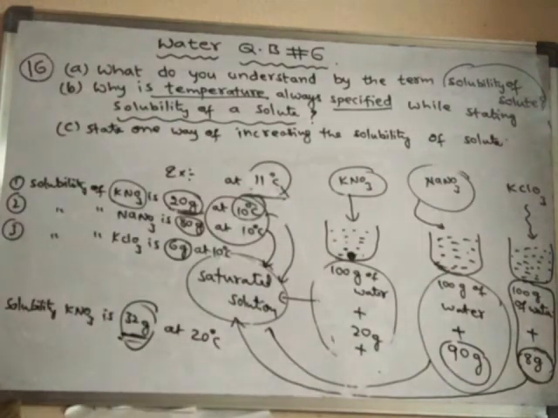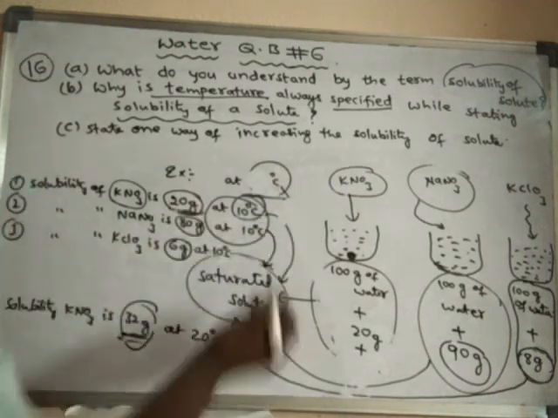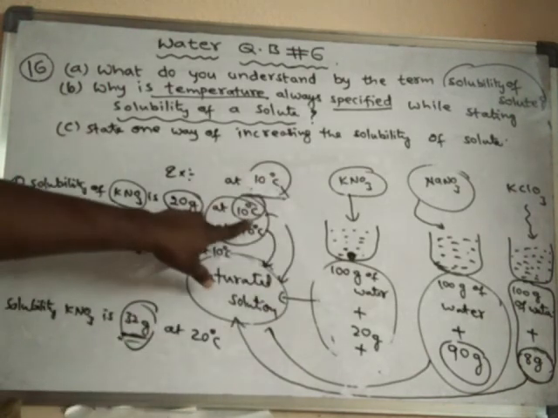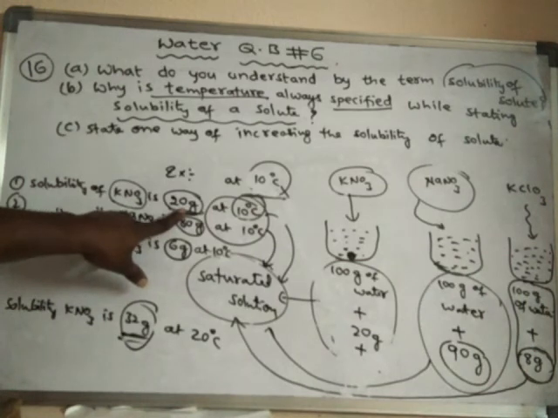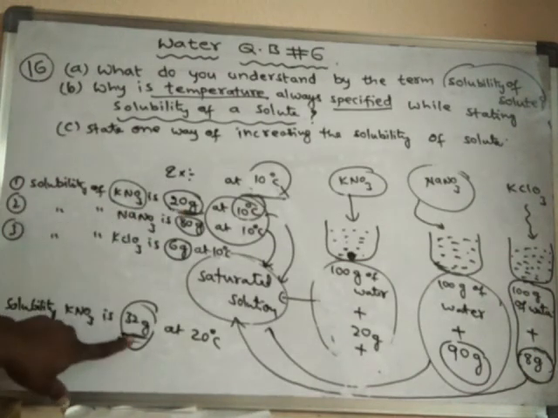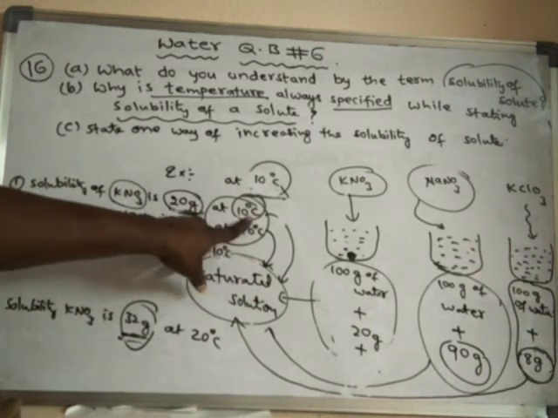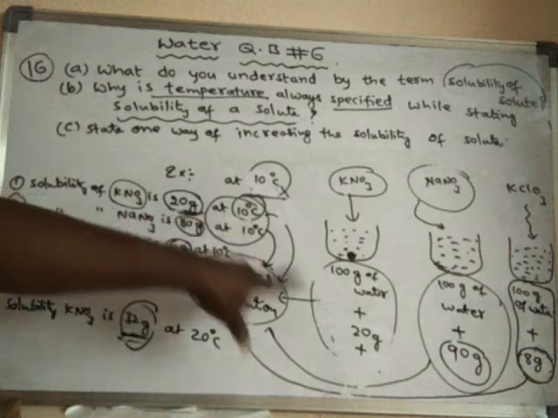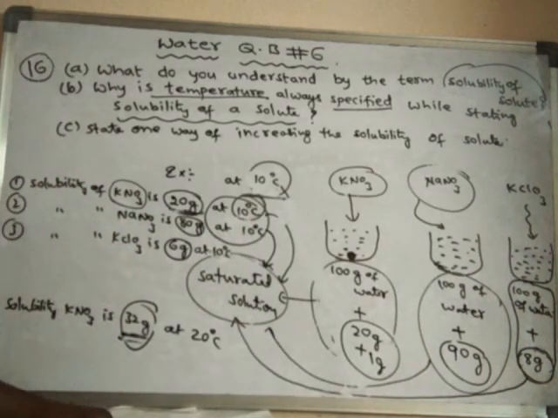Simply, how do you increase the solubility of a solute? By increasing the temperature. Simply at 10 degrees centigrade, as the solubility of potassium nitrate is 20 grams, then in order to increase the solubility, I have to raise the temperature. If I raise temperature to 11 degrees centigrade, it may take one more gram, it may take 21 grams now to form saturated solution. So like that.